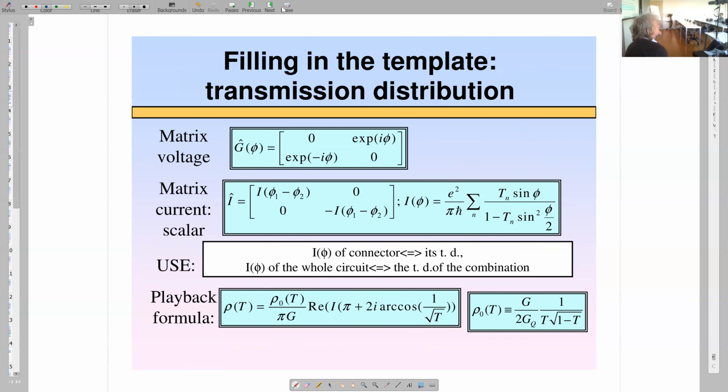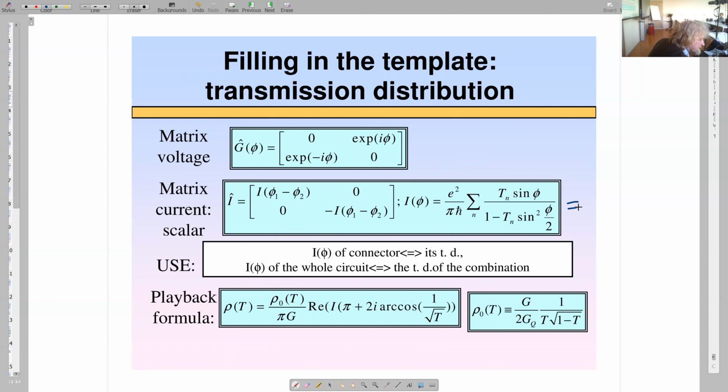It all works in the limit of big number of channels, in the limit when Ohm's law is valid. And the simplest exercise about this theory is to derive Ohm's law. How can one do this? I guess it's better to start with this formula.